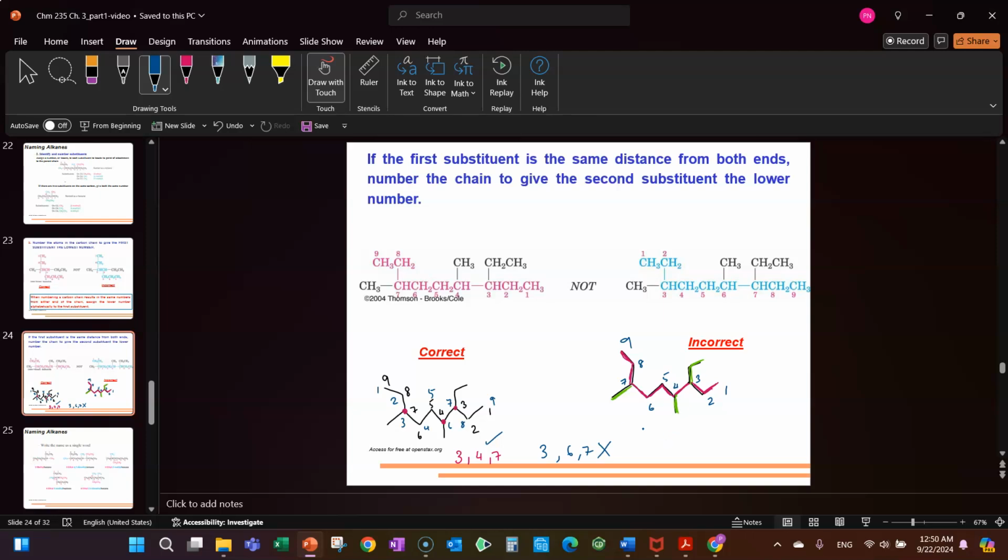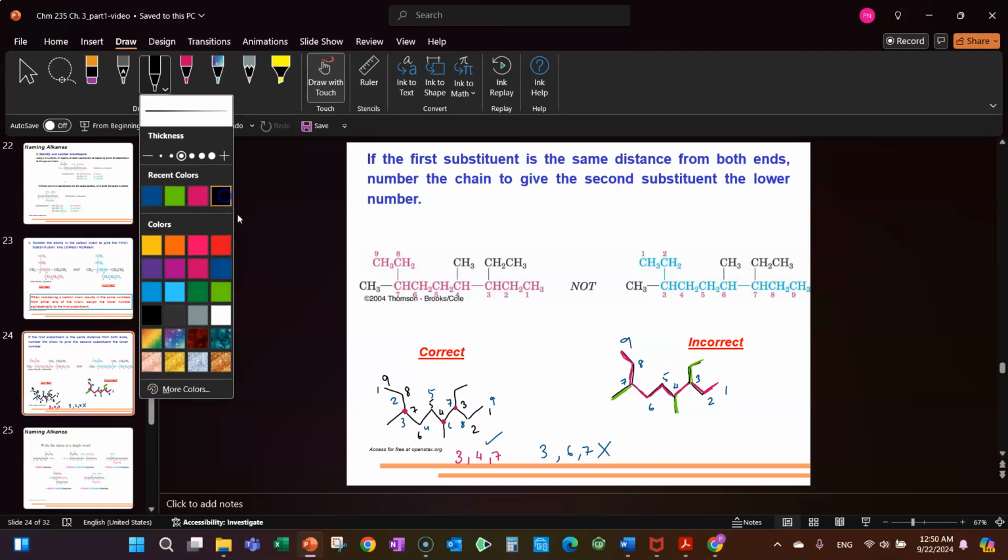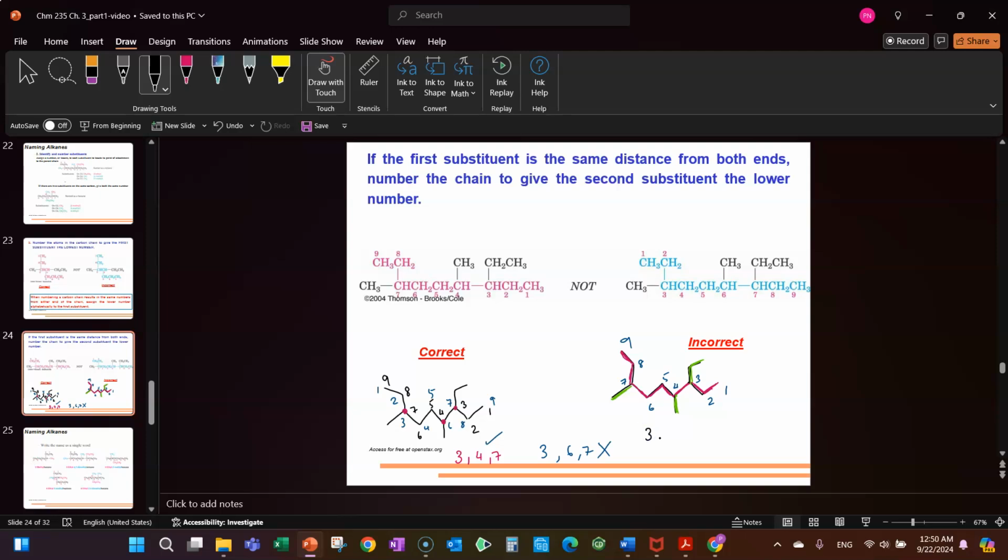So remember alphabetical order, correct? So we will name this compound as 3-ethyl. Remember, in between a number and a word there should be a hyphen. Then dash again, because you're going to put another number here, which is 4, comma 7, two numbers always separated by comma, 4, comma 7, and then again a dash, and then we have dimethyl.